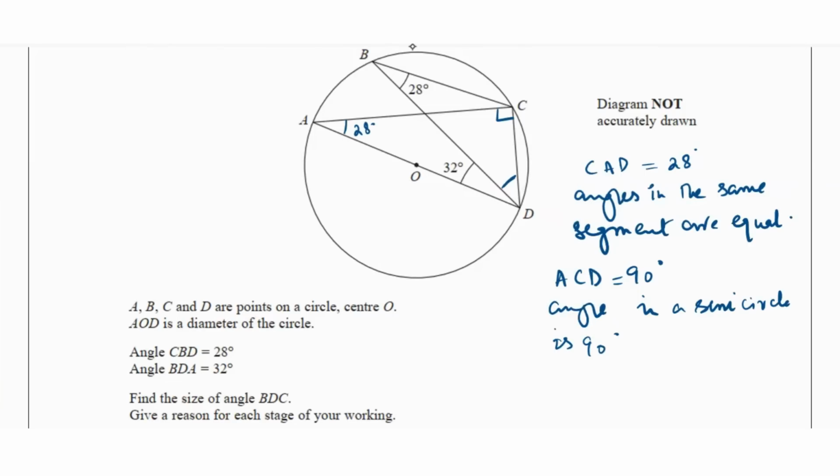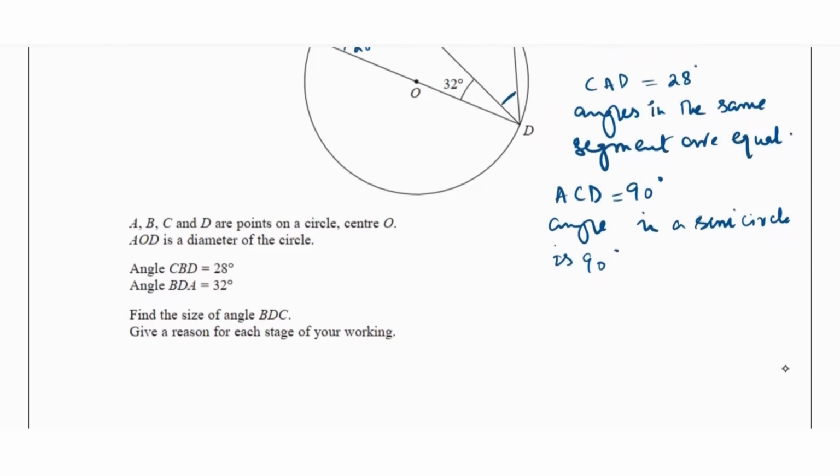Then we need to find this angle. Okay, so using the sum of angles of a triangle, you can find the total angle CDA. So for CDA, we do 180 minus 90 minus 28, which gives us 62.